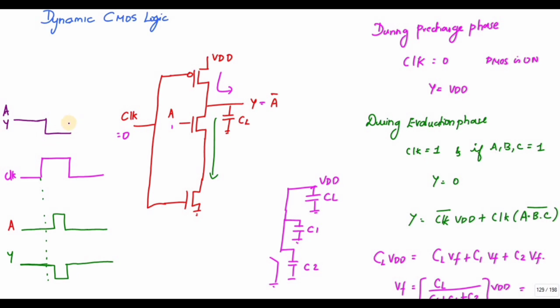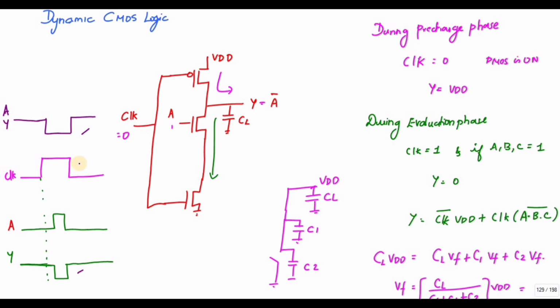After that it goes to 1. So instead of getting the expected output, I am getting the actual output as this one. You can see there is an issue in designing dynamic CMOS logic.